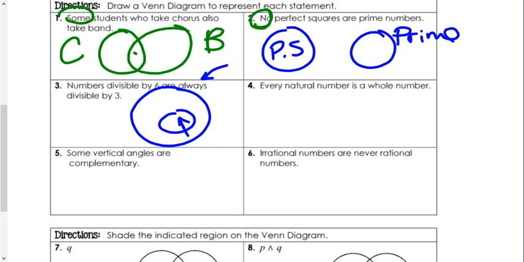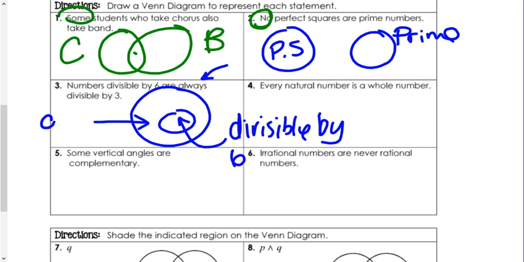So the divisible by 6 is the more specific type, because that's more specific than my divisible by 3. Okay. All right. So those were the 3 that I'm doing.